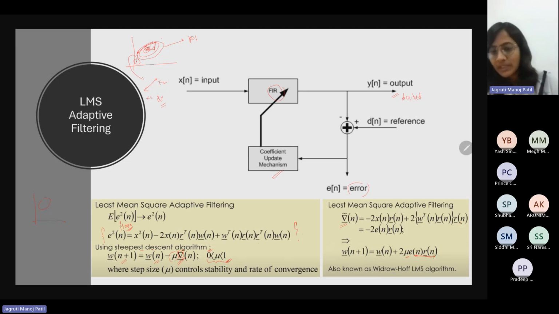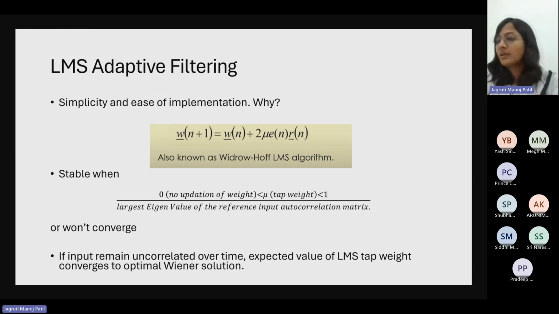There's no particular meaning to the equation, but what you have to see is that the future values of the weights are dependent upon the present values of the weight, and the step size should be between 0 and 1, so that it controls the rate of stability as well as the convergence, so that it's always towards the minima. And here we have the reference value, so that we can try to make it closer to the desired signal, where we know what our baseline was. So this was most of the gist of it.